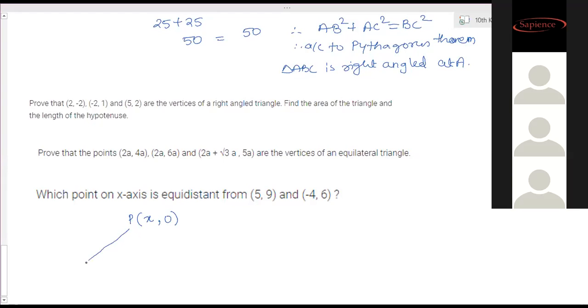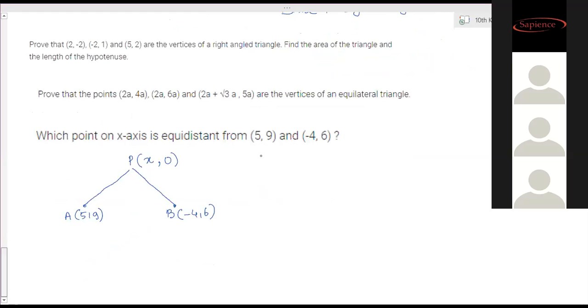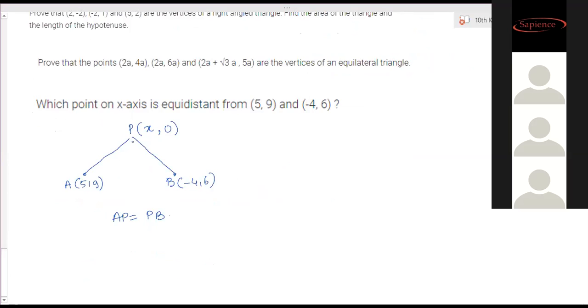This is at equal distance from point A as well as from point B. So point A is (5, 9) and B is (minus 4, 6). It is given that AP is equal to PB, because point P is at equal distance from A and B. So AP distance and PB distance are equal.